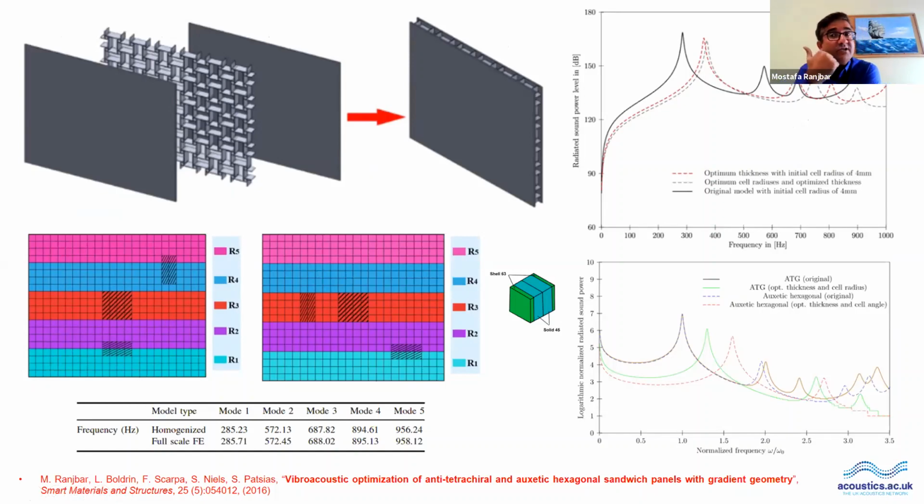Why did we use that type of excitation? Because we wanted to excite most of the modes over the frequency range that we are considering. Therefore, we considered one non-symmetrical loading over the structure.